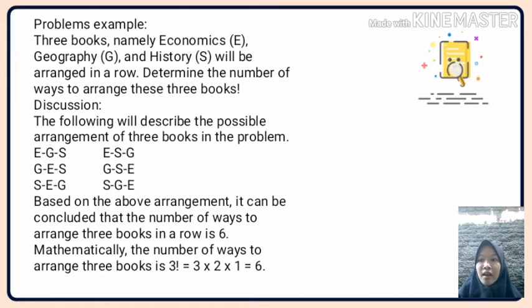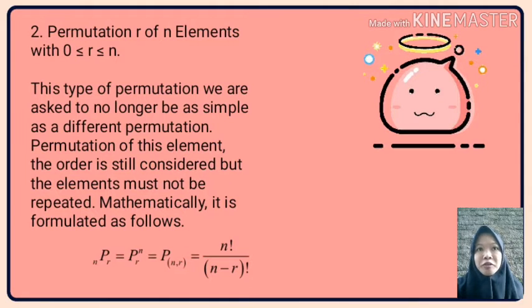Type of permutation 2 is permutation r of n elements, with 0 less than or equal to r less than or equal to n.